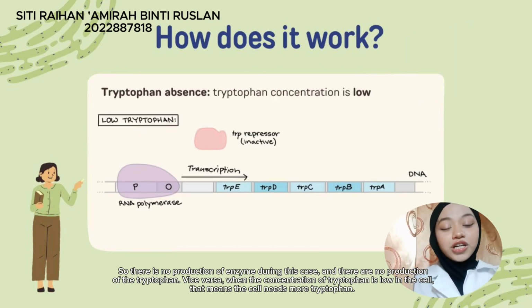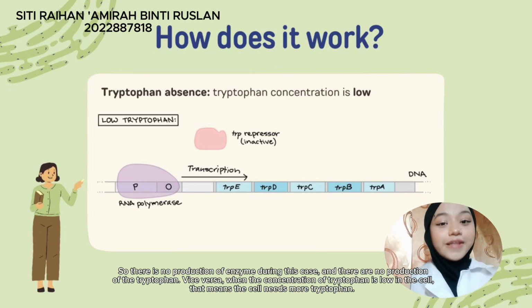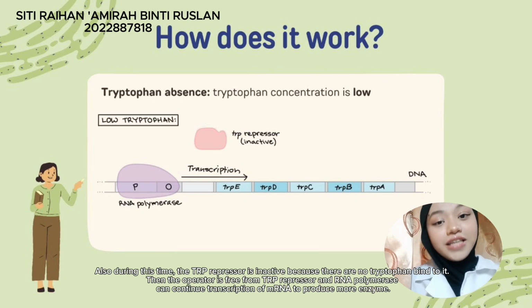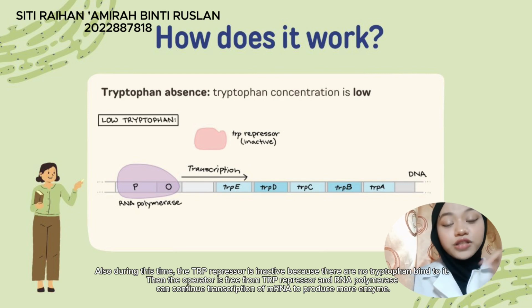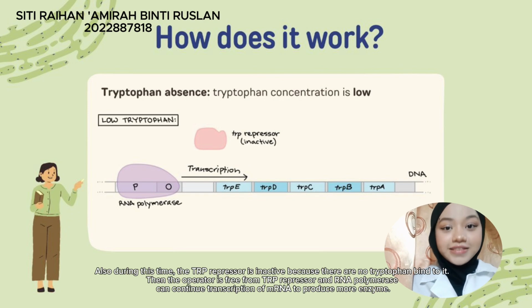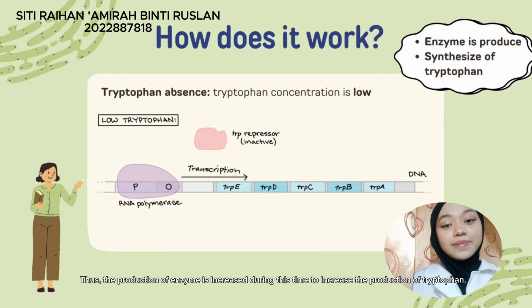Vice versa, when the concentration of tryptophan is low in the cell, that means the cell needs more tryptophan. During this time, the TRP repressor is inactive because there is no tryptophan bound to it. Then the operator is free from the TRP repressor and RNA polymerase can continue transcription of mRNA to produce more enzymes. Thus, the production of enzymes is increased during this time to increase the production of tryptophan.